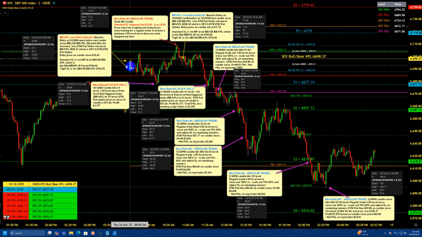Now, there would be some times where you would not take a trade, regardless of how above or below the opening 9:30 candle is. This would pertain specifically to the opening candle, and that would be if the opening candle is far below S1 or far above R1 and also closes far above R1 or far below S1.